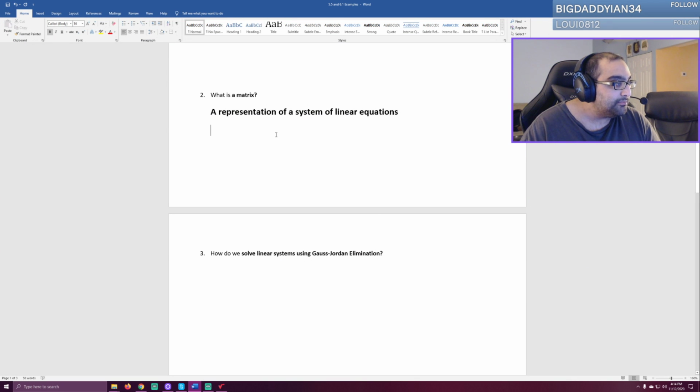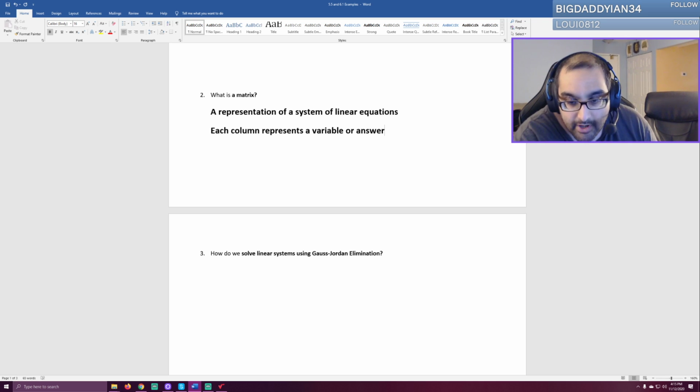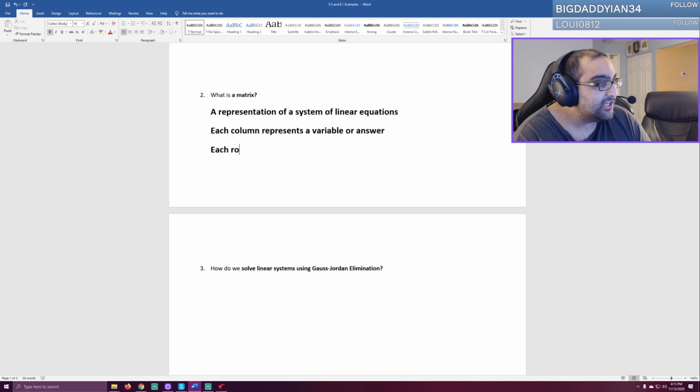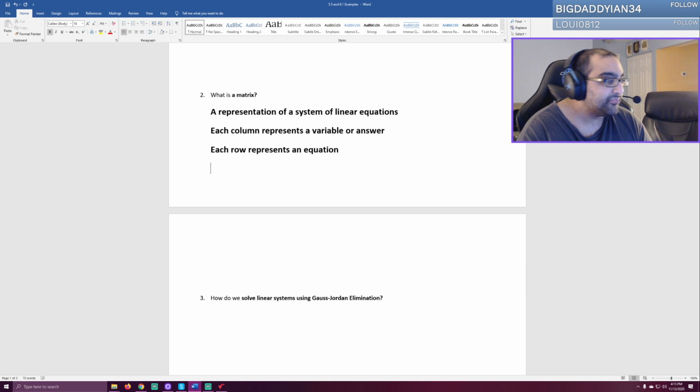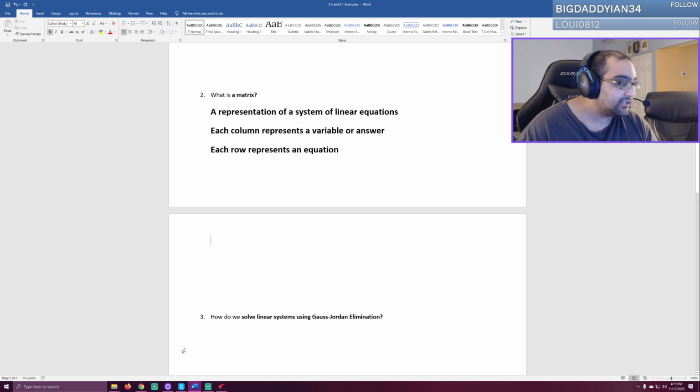Each column represents a variable or answer, and we'll talk about how we set that up in just a second. And each row represents an equation.